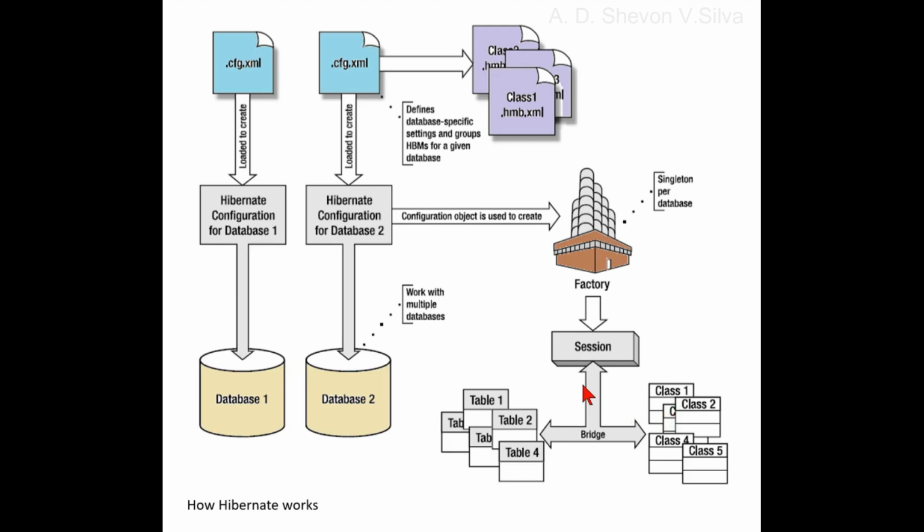As its name implies, the session is a short-lived lightweight object used as a bridge during a conversation between the application and the database. The session wraps the underlying JDBC connector or J2EE data source, and it serves as a first-level cache for persistent objects bound to it.